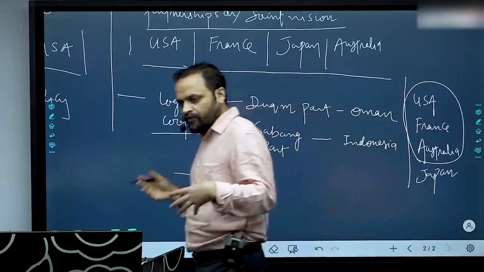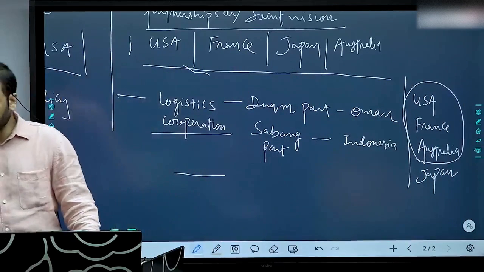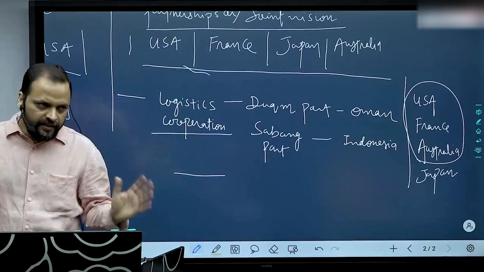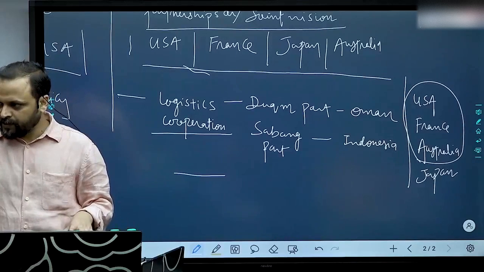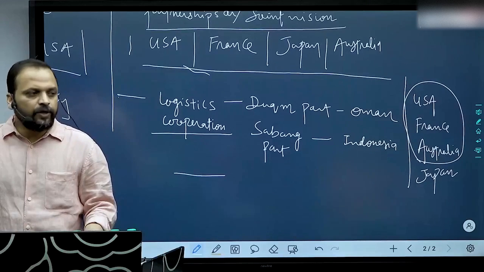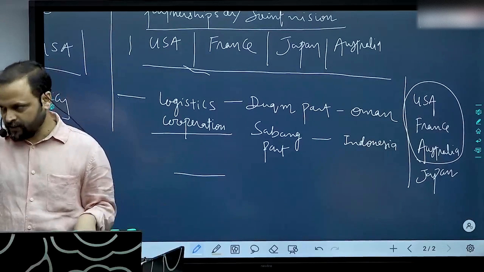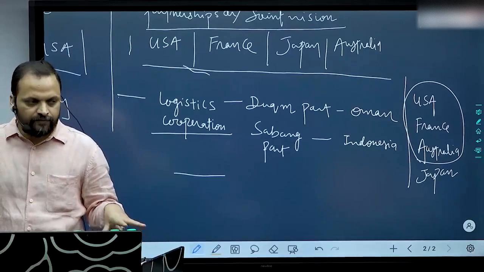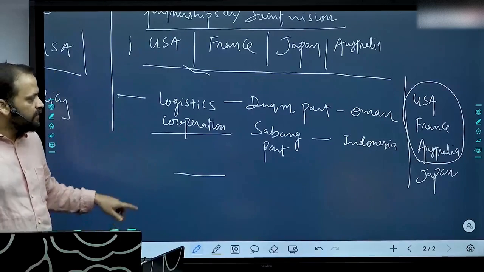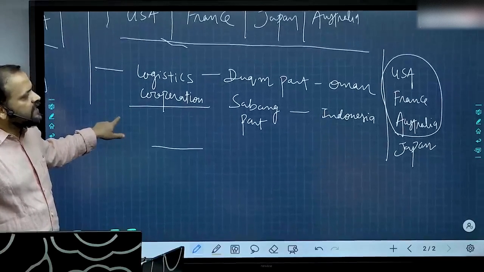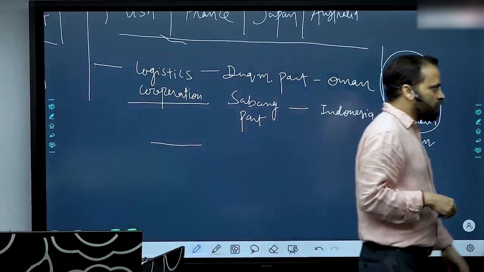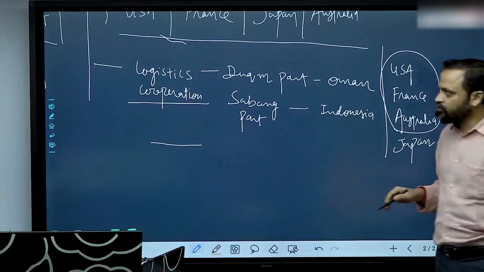But we have a large number of now growing logistics support agreements, which simply means if there is an exercise, if the purpose is refueling, recreation, repair, we offer our bases to them, not for fighting war, but for certain purposes, refueling, recreation, all right? And this is a growing form of cooperation which may take deeper meaning in the future, but right now it is limited, but logistics cooperation is there.